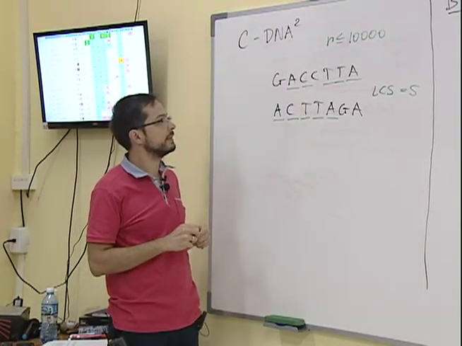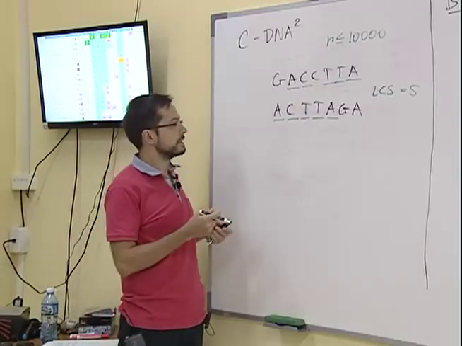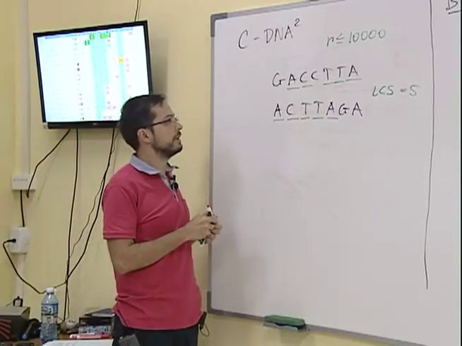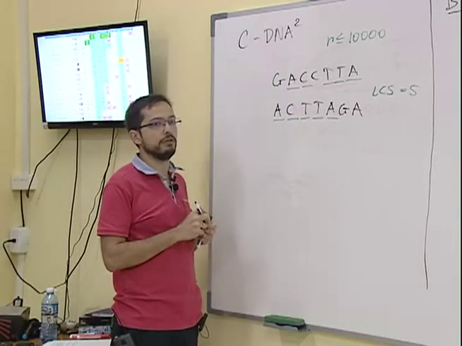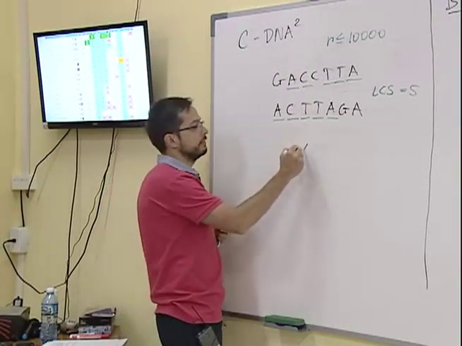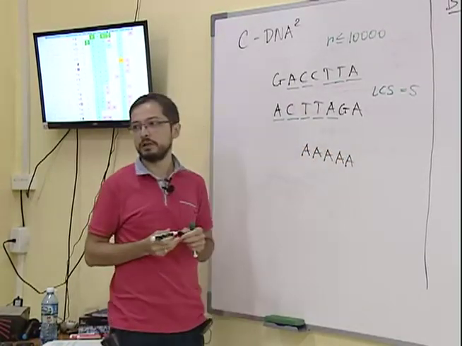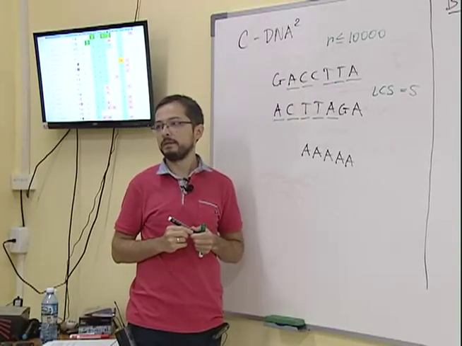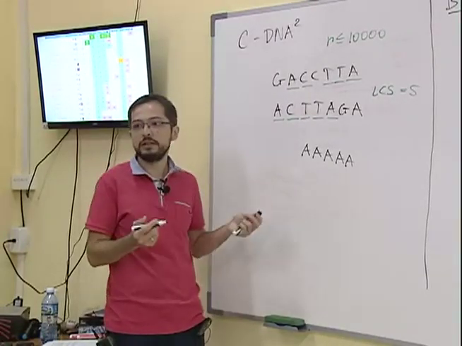One way of simplifying this: what if your word consists only of one letter? So what if your word is just A. What can you do now? Yeah, I can just use any other letter.